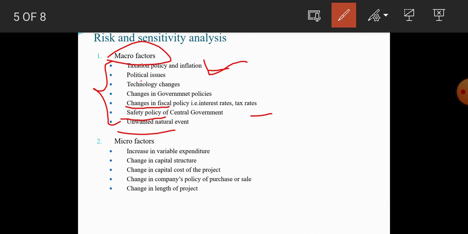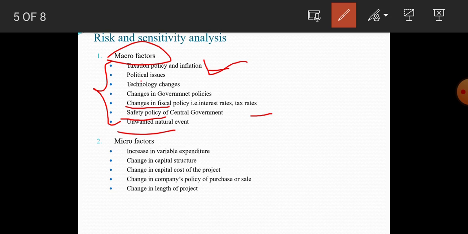So these factors will affect your project irrespective of what project you have chosen. So it will affect each and every project in a very vast way because it is a macro factor. So this may not depend on selective project, given some exceptions.